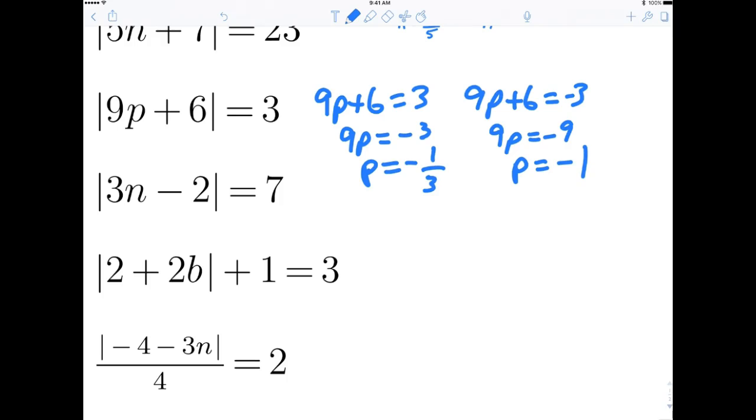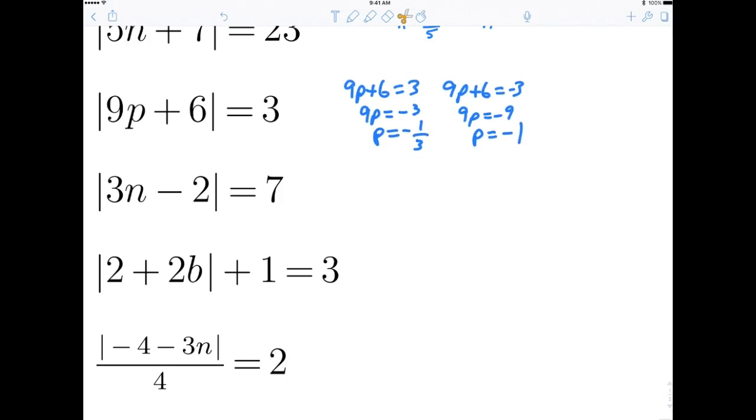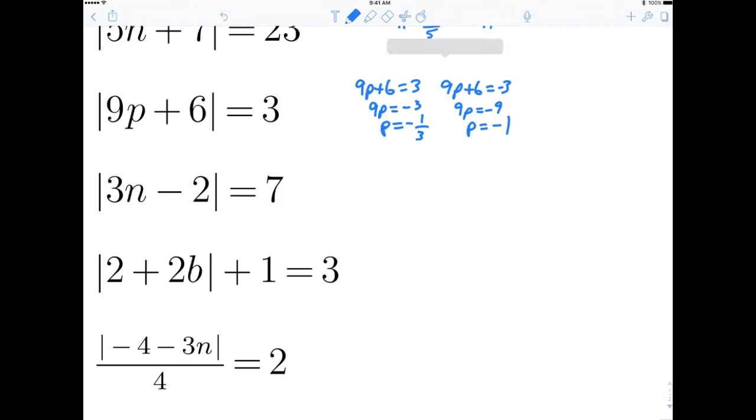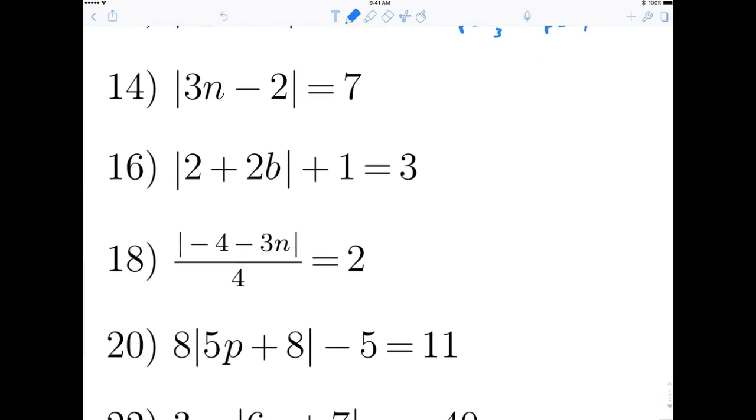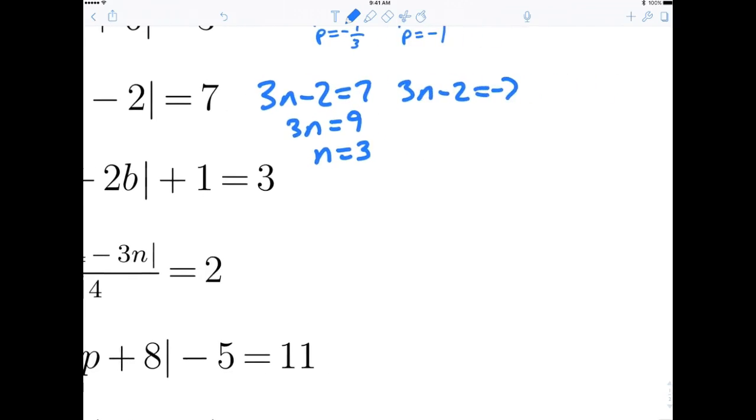All right. Someone else, tell me the next one. So the next one, 14? Okay, so 3n minus 2 equals 7, and 3n minus 2 equals -7. Beautiful. 3n equals 9, so n equals 3. Beautiful. On the other one?